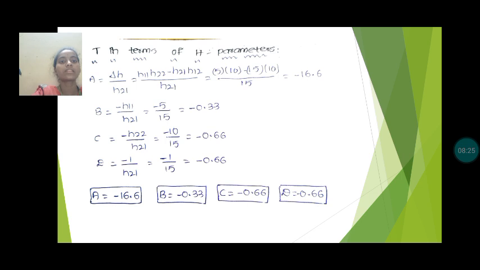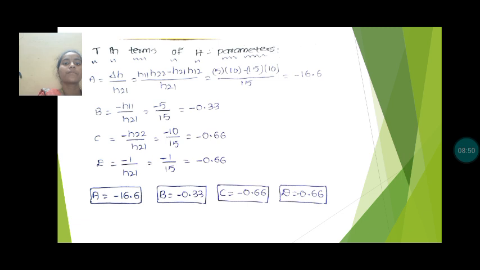B equals minus H11 by H21 equals minus 5 by 15 equals minus 0.33. C equals minus H22 by H21 equals minus 10 by 15 equals minus 0.66. D equals minus delta H by H21, which is minus 0.66.